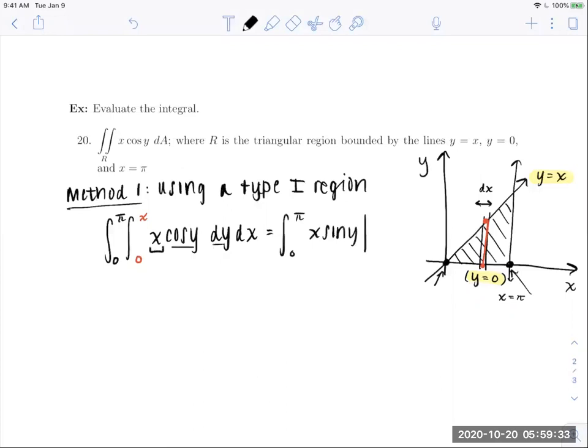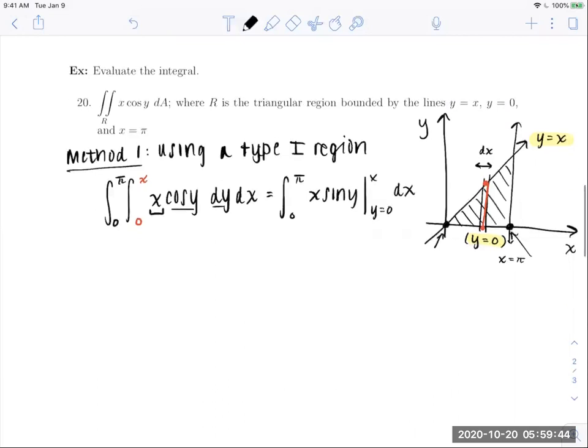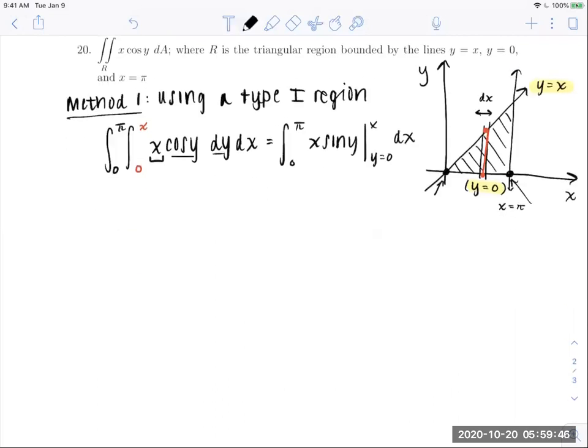And I want to evaluate sine of y from y equals 0 up to y equals x, and then integrate that remaining function in terms of x. I know that sine of 0 is 0, so that just drops out, leaving me with the integral from 0 to pi of x sine x dx.